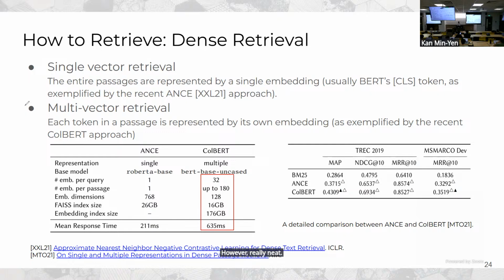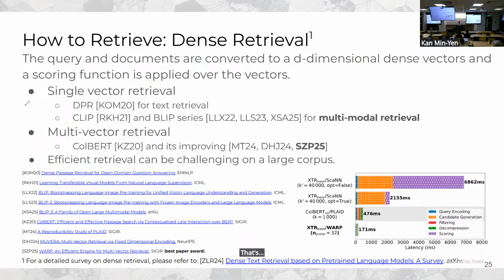Maybe at the same time, someone will think that for the multi-vector case the latency and cost are quite high, but don't worry. Here I listed a paper published in 2025.